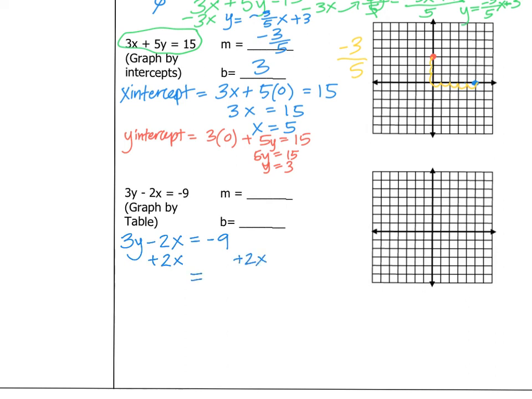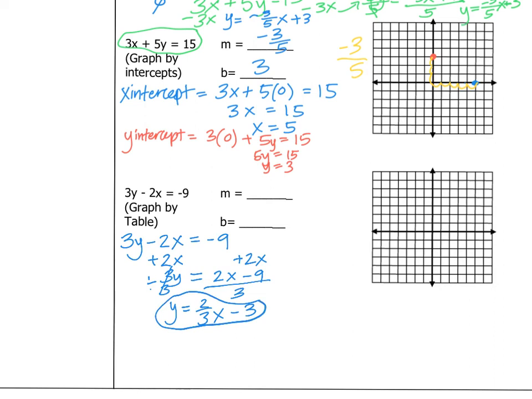So when I do that, I get positive 2x minus 9, and then on this side I have 3y. So I'm going to divide by 3 on this whole side, and you want to make sure that you have it in simplest form. So in simplest form, it is y equals 2/3 x, and then -9 divided by 3 gives me -3. Okay, so this is in slope-intercept form.